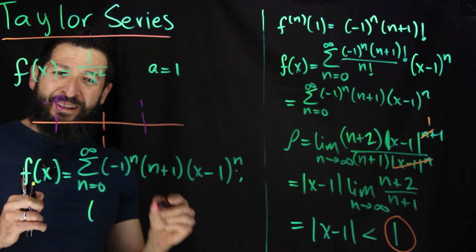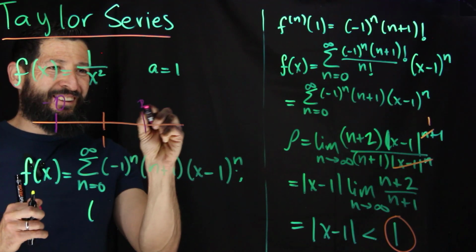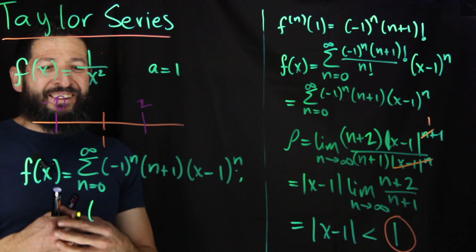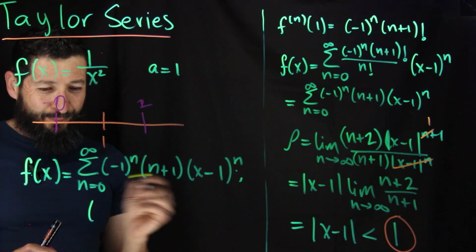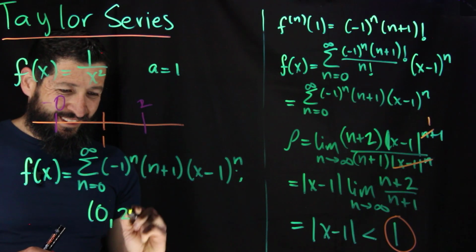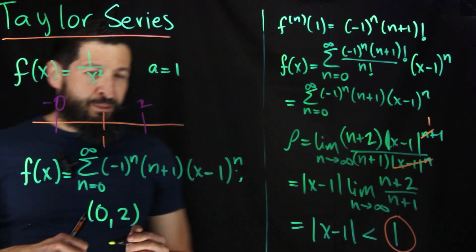I was centering it at 0 in my mind, that's what happened. Oh, wow. That's crazy. All right, so centering at 1, it's going to be 1 to the left, 0, and 1 to the right, 2. And that's going to be my interval of convergence.